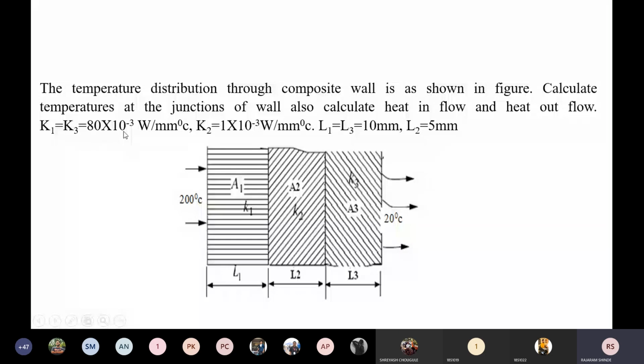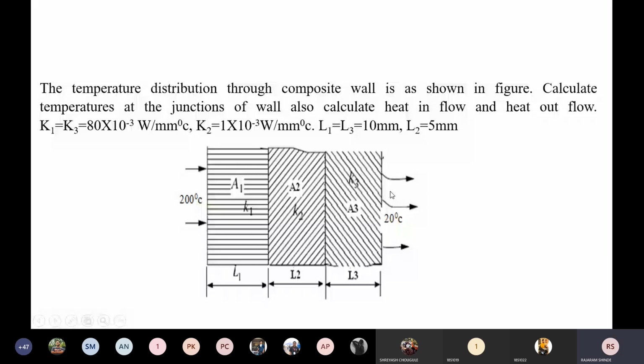This is the second material, its conductivity is 1 into 10 raised to minus 3. Again, this is the third wall, it is 80 into 10 raised to minus 3. Now this wall is at 200 degrees centigrade, and this is exposed to the surrounding at 20 degrees centigrade.